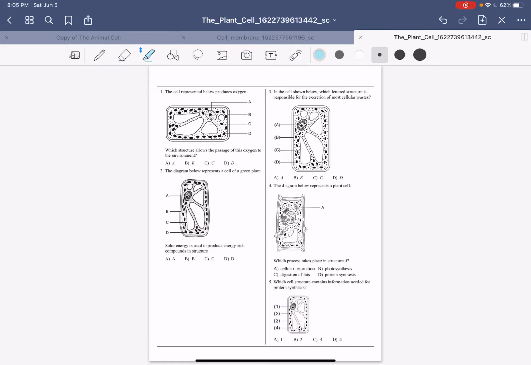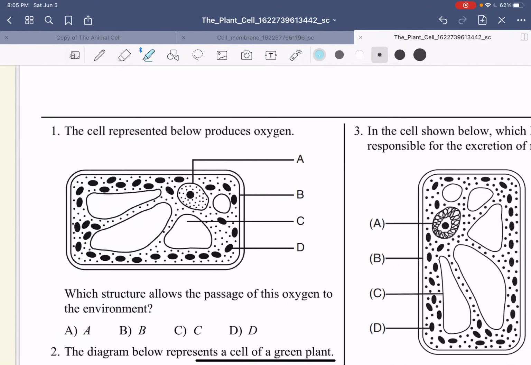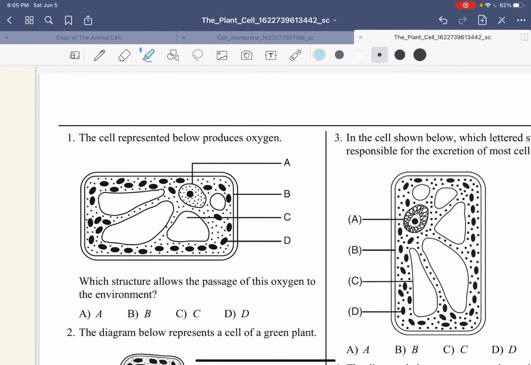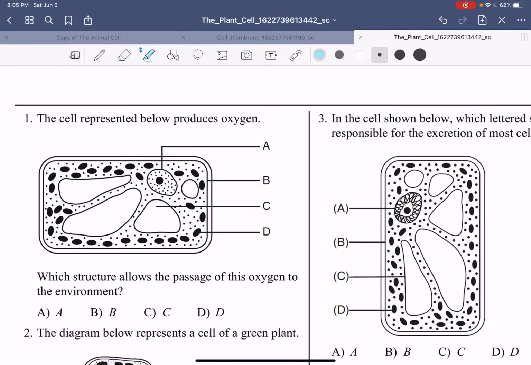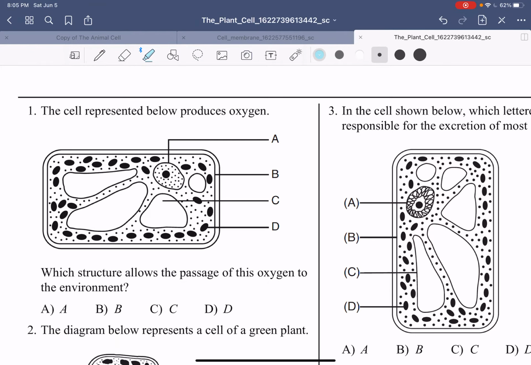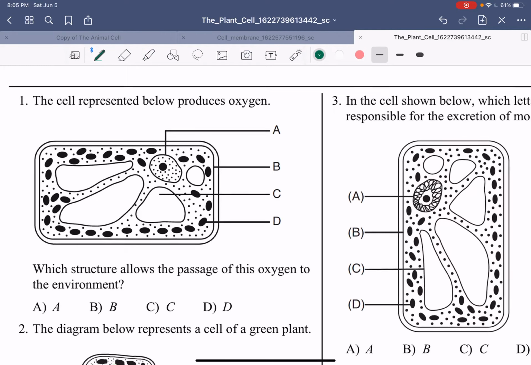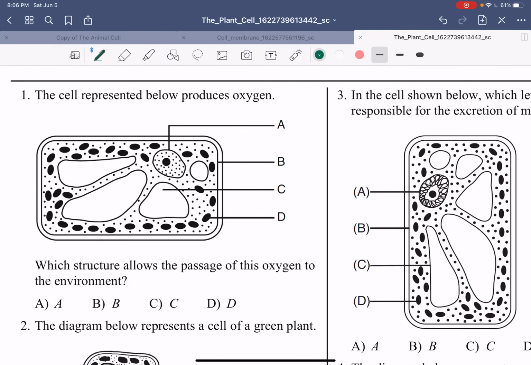So I really do feel that we can start right away with answering questions based off of what we know about the plant cell, labeling it. Look how simple this is going to be, and I'm going to keep my pen green. So let's get started.